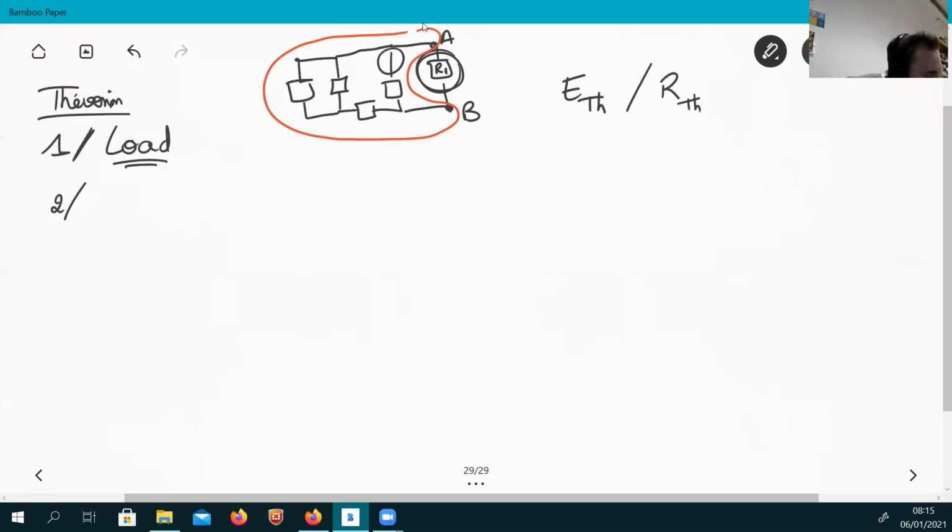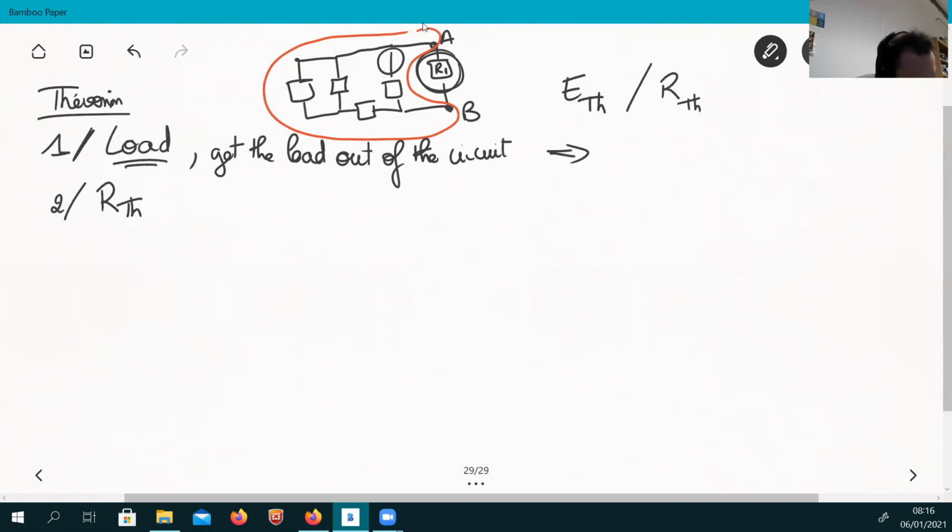So first thing, how are you going to get RTH? So first, what is the load? And of course, get the load out of the circuit.